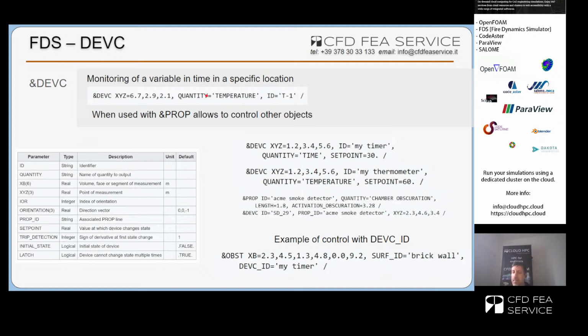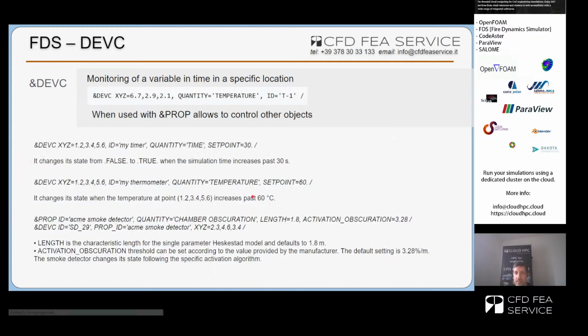It is like a probe with which we monitor temperature, or smoke visibility. And as we're going to see later, even if it is very localized, for the FED we are going to use these devices because they are able to calculate the FED in a specific location. So we are going to add some devices all over our domain in order to capture the FED.